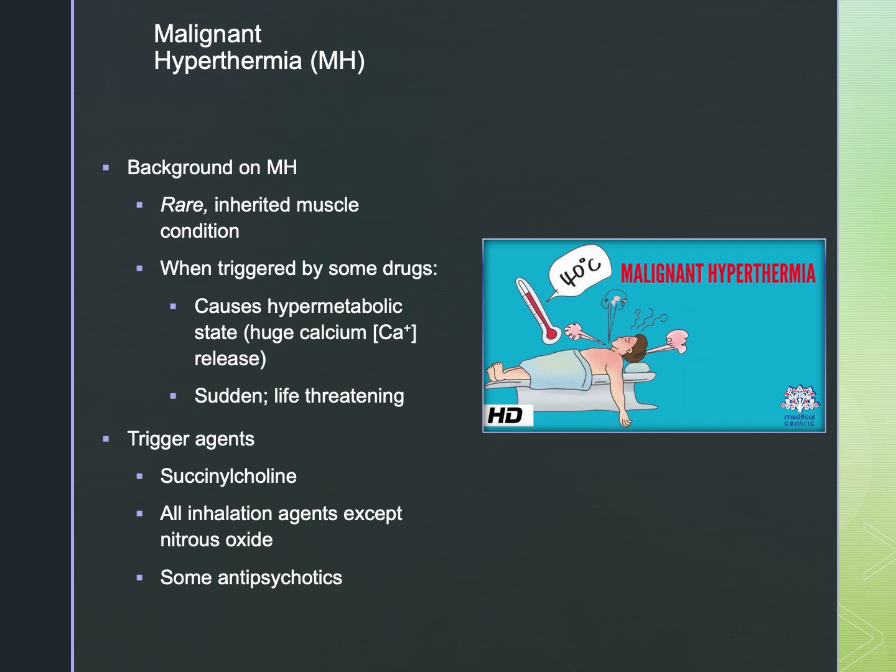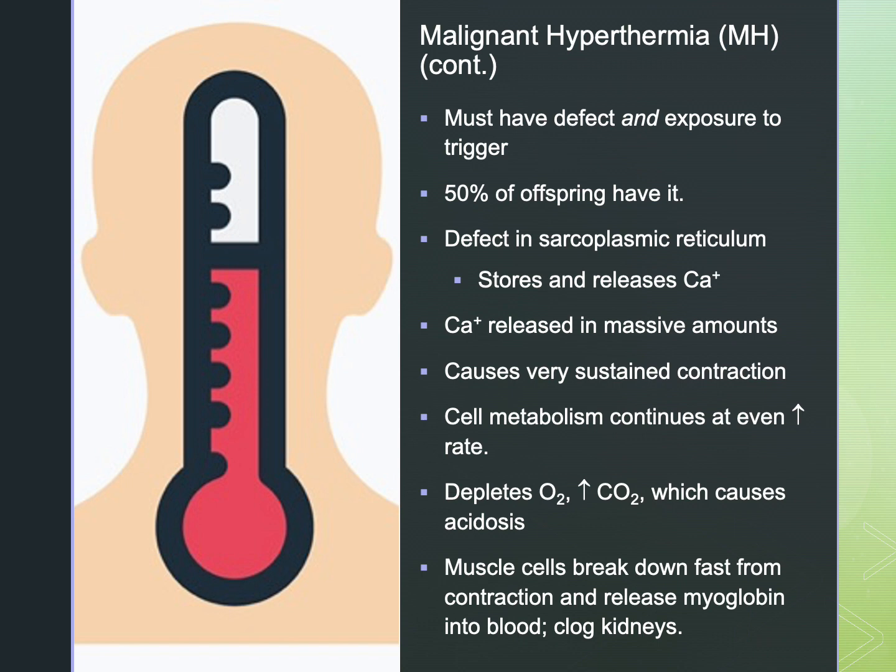Now, the agents that are known to trigger the disease are succinylcholine and any and all inhalation anesthetics except nitrous oxide, which is laughing gas. So MH, like I said, is an inherited muscle condition, and it causes a hypermetabolic state in patients exposed to triggers.